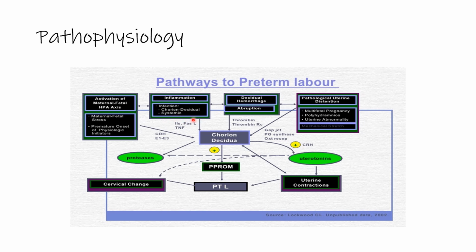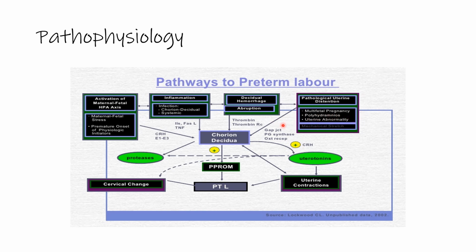So this usually results in chorion-decidual activation. And then we have decidual hemorrhage, such as abruption. When you have decidual hemorrhage, you will have increased separation between the decidua and the chorion, initiating preterm labor. In addition to that, we also have pathological uterine distension. This is in cases where you have multiple pregnancies, polyhydramnios, or fetal anomaly.